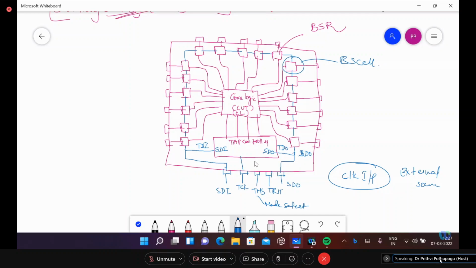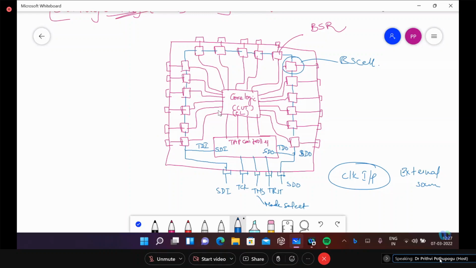I think this is self-explanatory if you can see. This is with the tap controller, what is the setup of your boundary scan registers? So if you can see this boundary scan registers, these boundary scan cells are communicating to the external inputs or outputs.